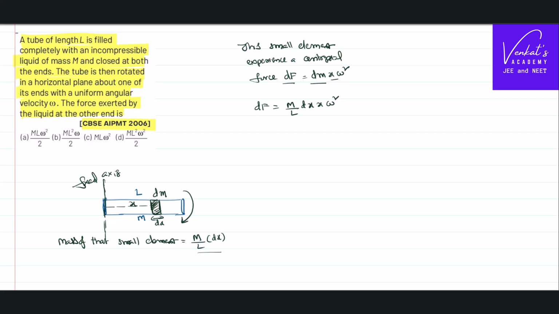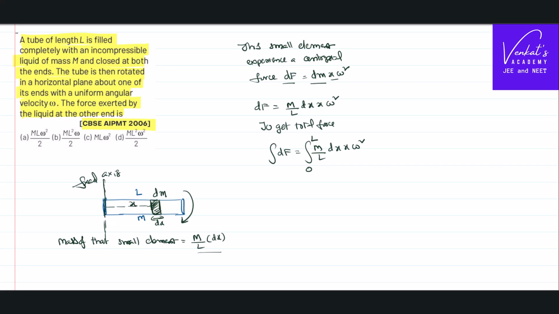That is the small force. Like that, there are so many elements throughout the tube. For each of them, we have to calculate the force and add all of them. That's called integration. To get the total force, we shall integrate the equation. Integral of dF is integral of M by L dx x omega square, where x could be anywhere.